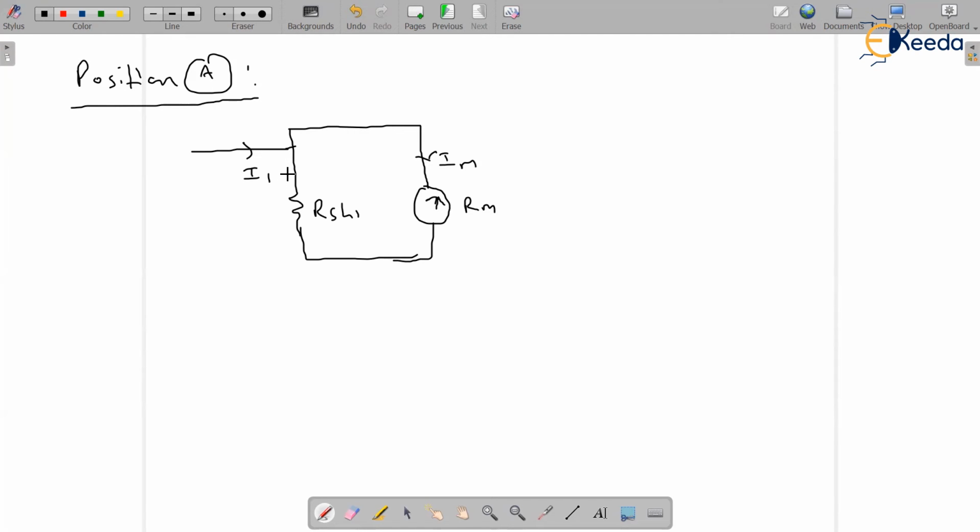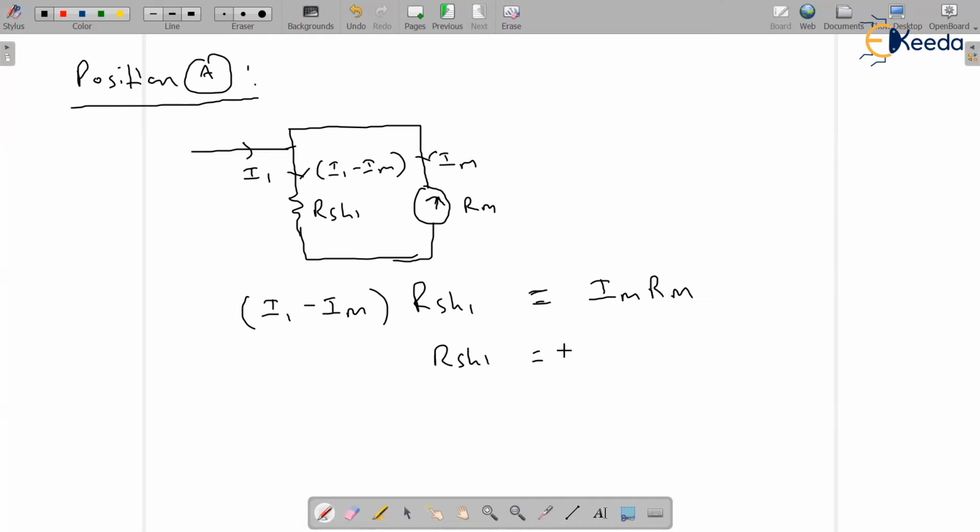So this is Im. So this tends to what? I1 minus Im. So use your voltage division rule, or in parallel voltage is the same. We can treat it as I1 minus Im into RSH1 is equal to Im Rm. So RSH1 is equal to Im Rm by I1 minus Im.